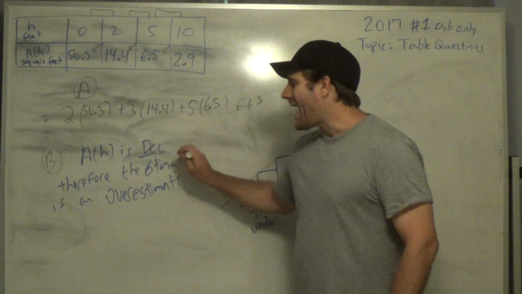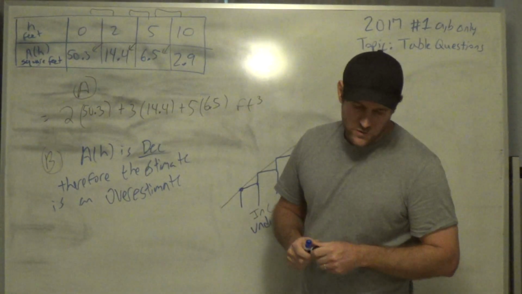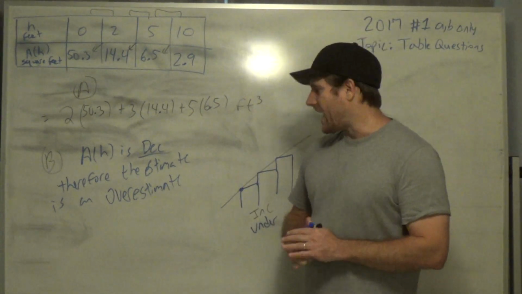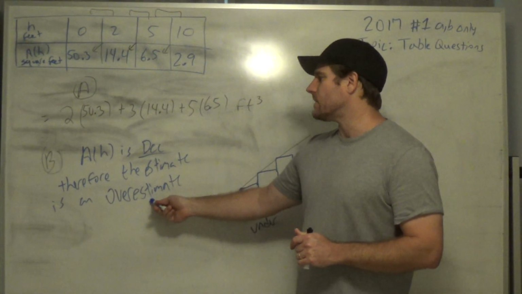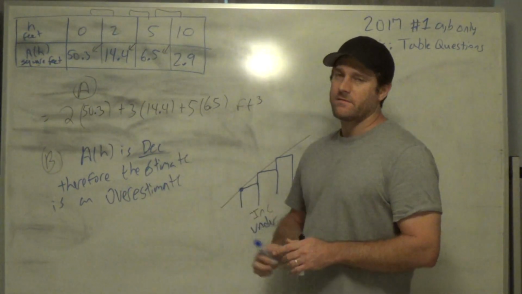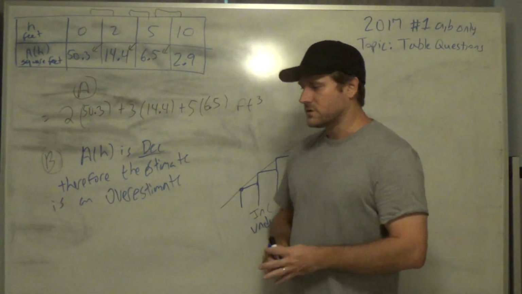Done. You have to mention it's decreasing. If you do not mention that it's decreasing, you get it wrong. It's not just that it's an overestimate. You have to say it's an over or underestimate and be correct, and then you have to talk about whether it's increasing or decreasing. For left-hand rectangles and right-hand rectangles, it depends if it's increasing or decreasing.